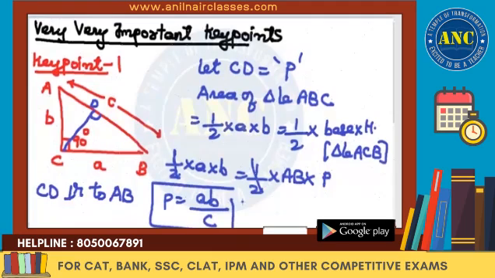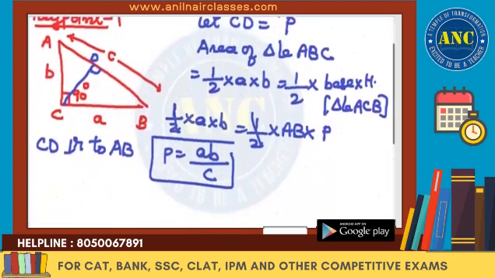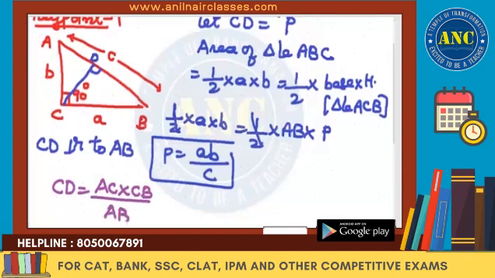Very, very important point. Write down as it is. P is nothing but CD, which is AC into CB by AB. P is given by ab by c. What is P?